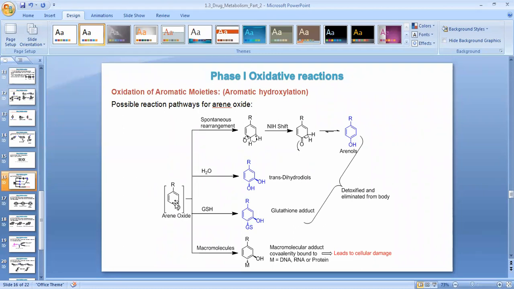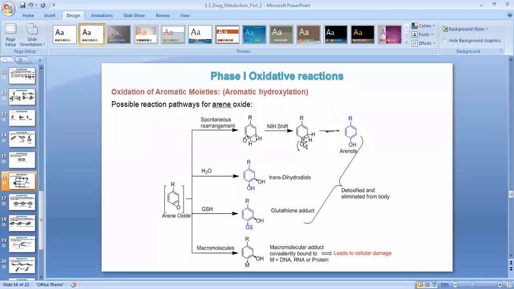The structure of arene oxide is in this manner: one more oxygen bond formed across a carbon-carbon double bond. This arene oxide rearranges its structure so that oxygen forms the double bond and the hydrogen atom is shifted to the next carbon atom.